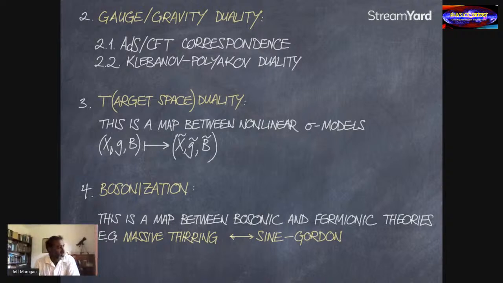And probably the most famous example of this is the so-called AdS/CFT correspondence of Maldacena's conjecture, that the gauge theory, living on the boundary of the gravity theory, is a conformal field theory. In particular, it's a supersymmetric theory. It's super Yang-Mills theory in 4 dimensions.